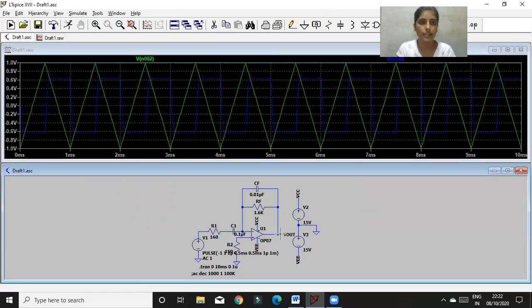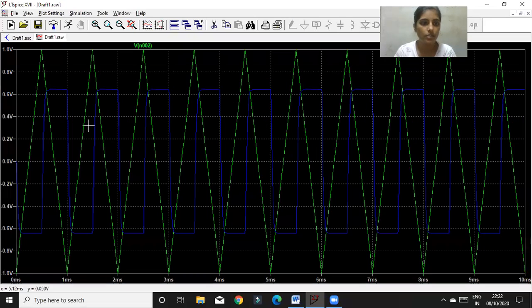In the input I get the triangular wave, and in the output I get the square wave. So this is my second waveform for the differentiator, where my input is 1 volt, 2 volt peak to peak, and my output is around 0.64 volt.